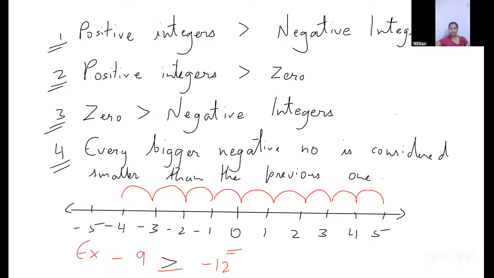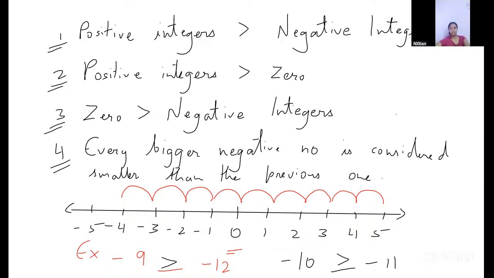Minus 9 will be bigger than minus 12. Same way, if I write minus 10 and minus 11, which one will be bigger? Minus 10. Because in negative numbers, it's the opposite. The smaller one is the bigger one, and the bigger one is considered smaller.